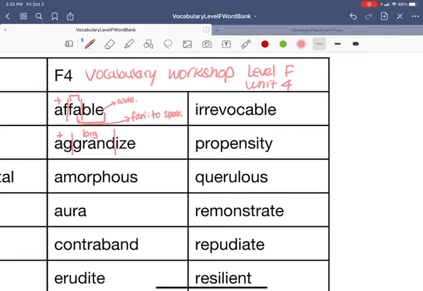And then ize is a suffix that says to do something, or verb. So basically this word really means that you're trying to increase or build your power, or the way you look, augment your power.